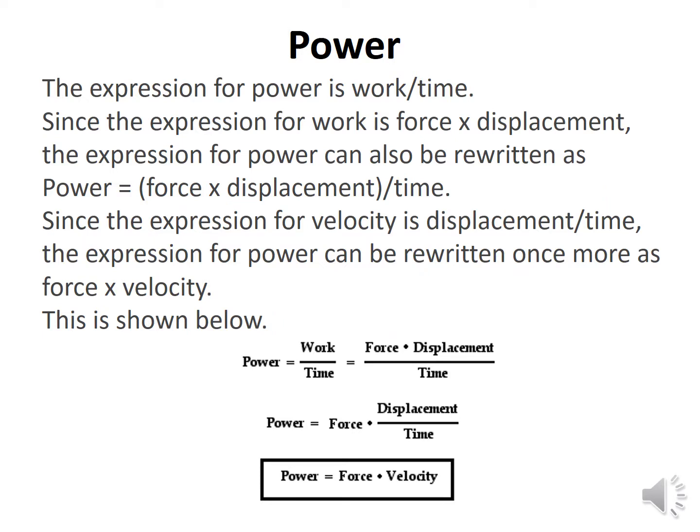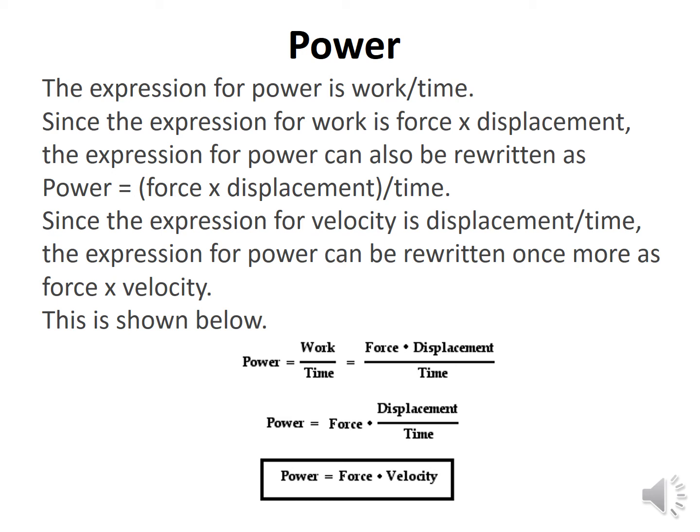Now, the expression of power, as we just discussed, is work upon time. And since work is force times displacement, when we replace work by force times displacement, we can also write power is equal to force times displacement upon time.